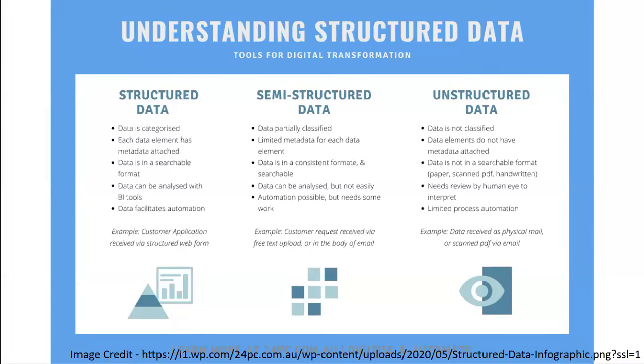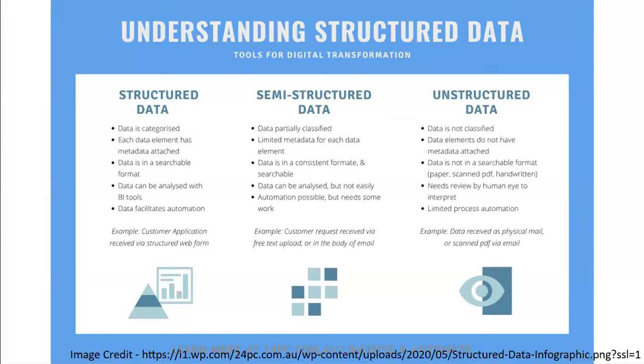So if you share a CV, or whatever information, in the body of the email, the text is available and searchable, but it's not in a nice tabular format. We have to do a bit of processing. It's not directly usable data. So that's why we have semi-structured data.